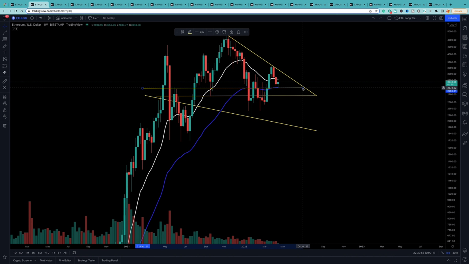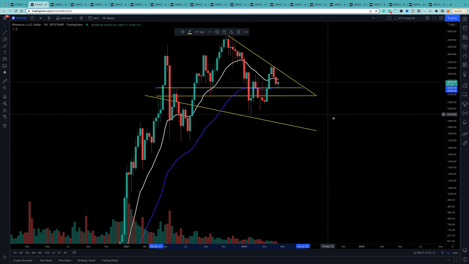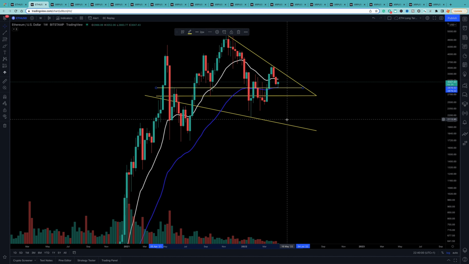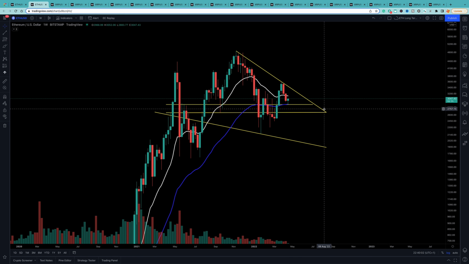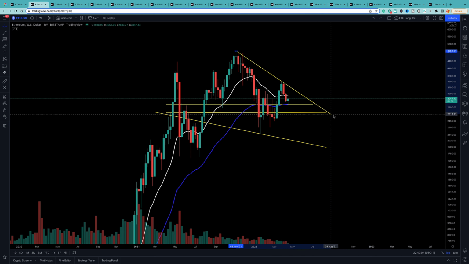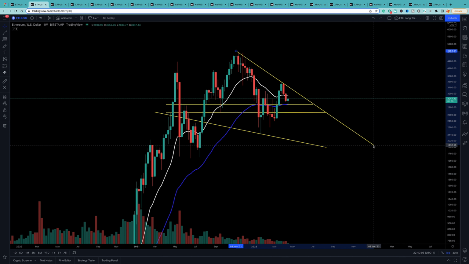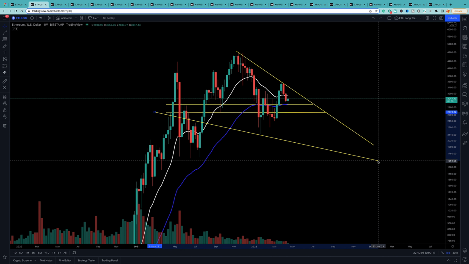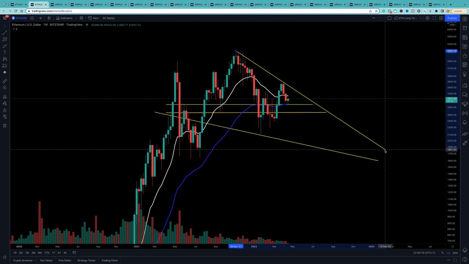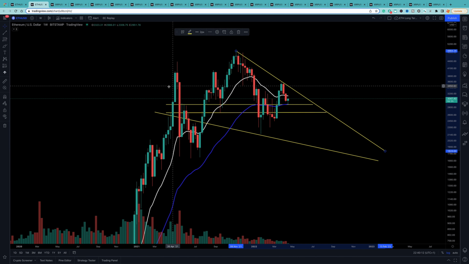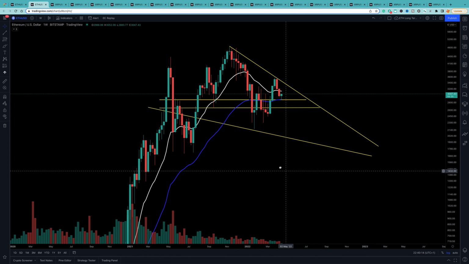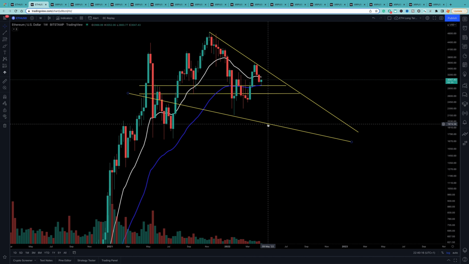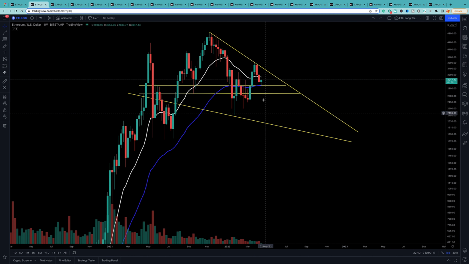Look at the 55 bouncing along it, so I think that's an obvious one. And again, look at this, makes a wedge. There we go. Down here, one last drop.